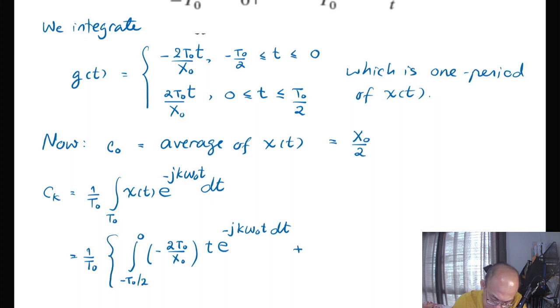And then plus integration from 0 to t0 over 2, and then this guy, 2 x0 over t0 t, e to the minus j k omega 0 t dt.